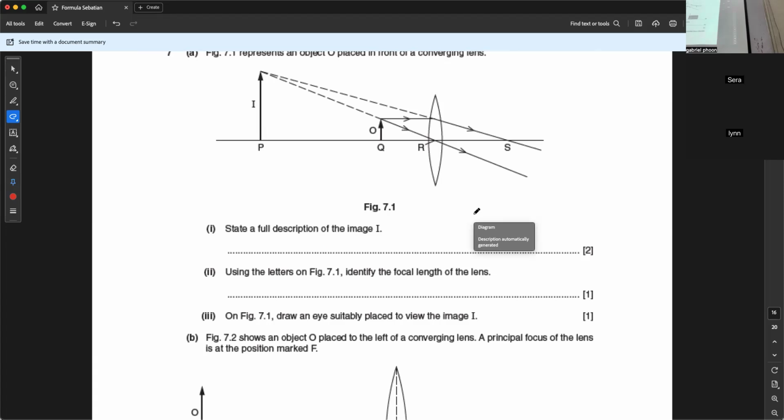Shouldn't they start from the same point? It looks very off to me. Yes, good. That's the image.